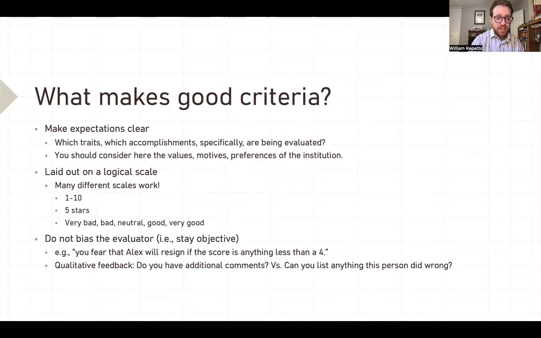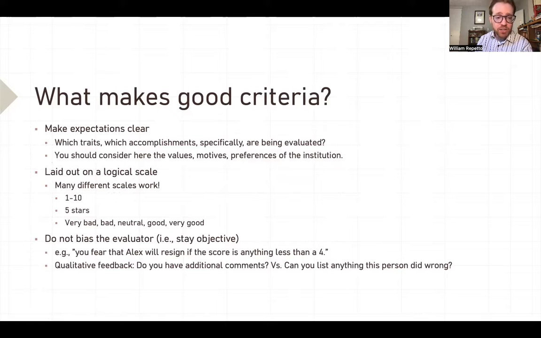And then second, along with those expectations, you should consider the values, the motives, the preferences of the institution. In that case study, particularly on that scale, you don't get any of that. And so you're kind of lost as to how you're supposed to evaluate this person. And that's, I should say, part of the point of the case study, I think, is to make it difficult and make you question those things.